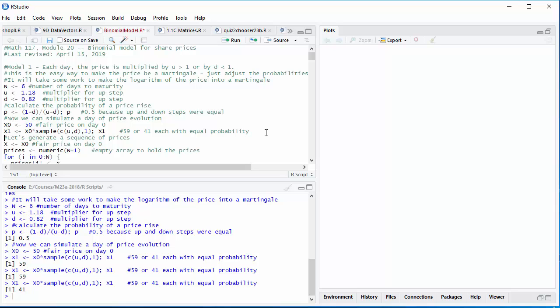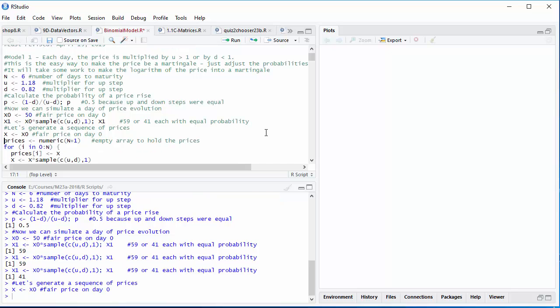Okay, now we can repeat this and generate a sequence of prices. So I'm going to create a 1-component vector named x that includes the price on day 0, and then I'm going to grow this vector to include the prices on later days. And I'm going to store those prices in a vector of numbers named prices.